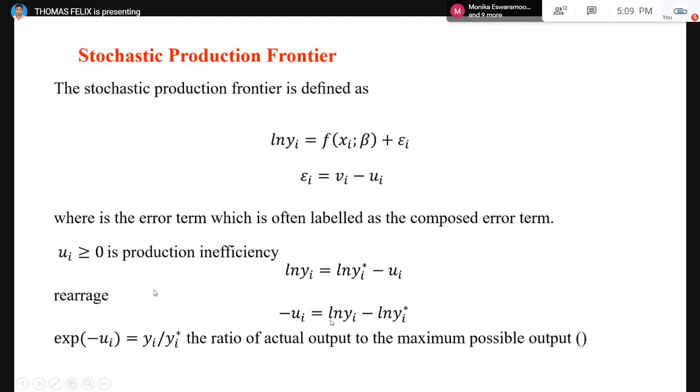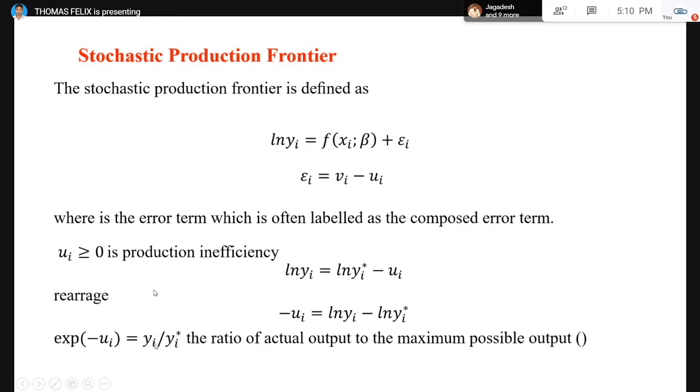I just want to remove the log term, so by taking the exponential, the antilog, on both sides, I can remove the log term. So exponential of minus UA equals ya divided by ya star. So this is the formula to calculate the technical efficiency.